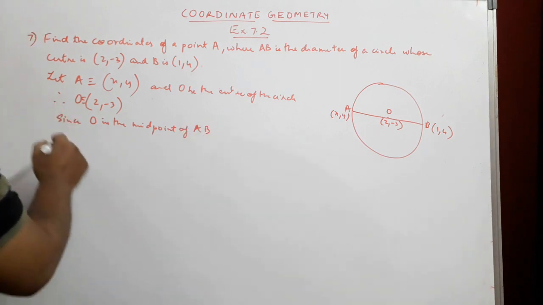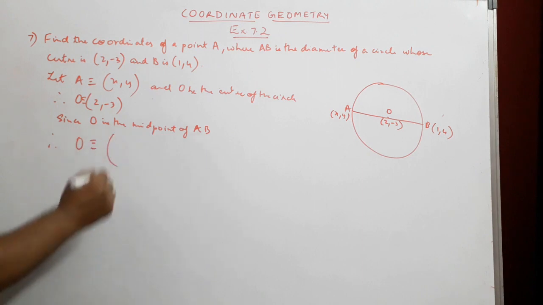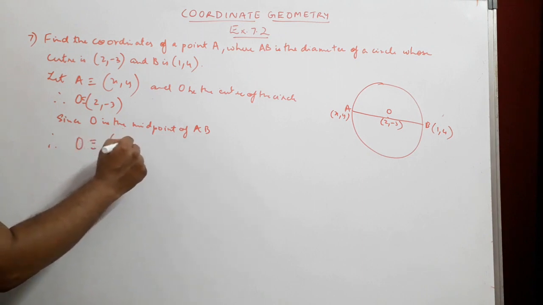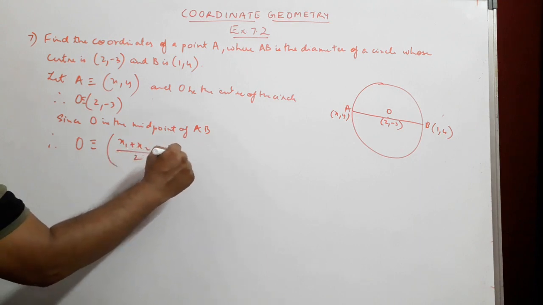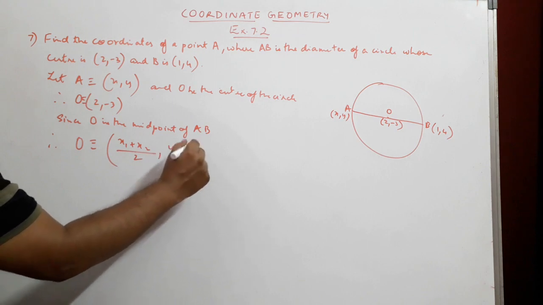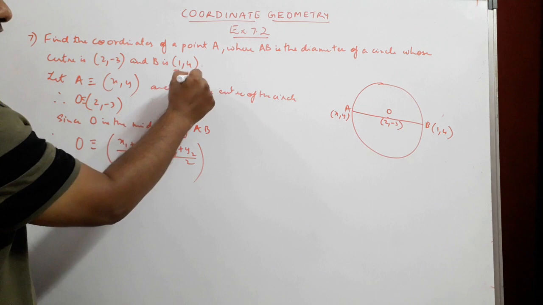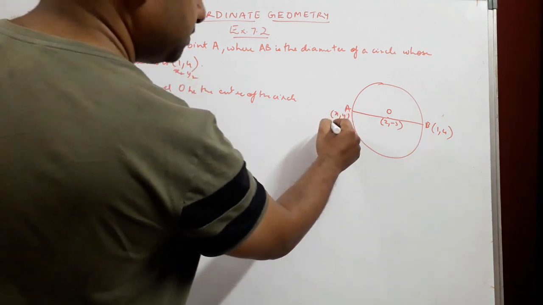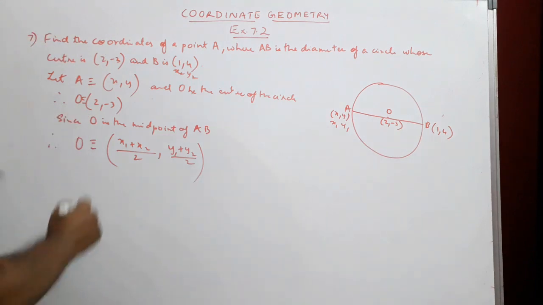therefore we can say O corresponds to, you can apply the formula which is (x1 plus x2) upon 2, (y1 plus y2) upon 2. This will become our x2 and y2, and this will become our x1 and y1, which we assumed as x and y.